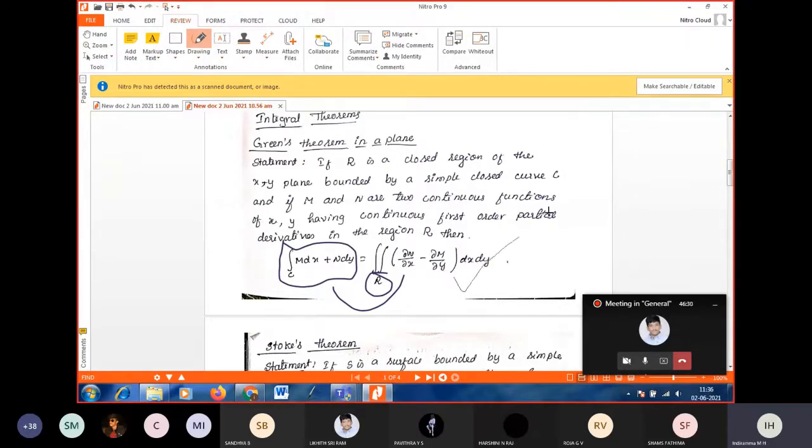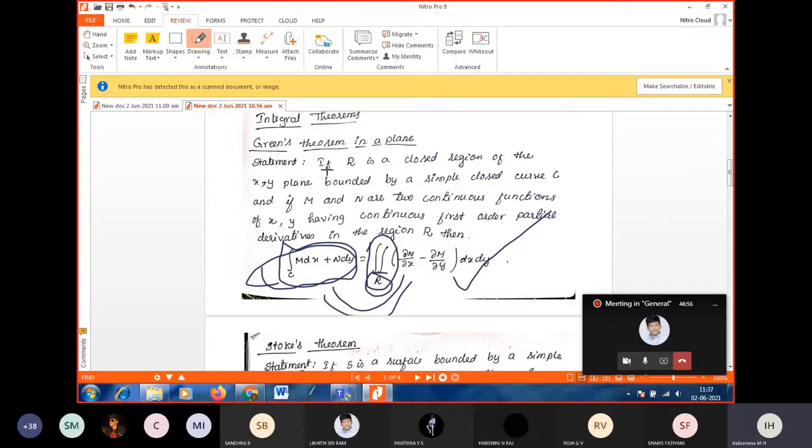Then you can easily evaluate it. Sometimes it is difficult to evaluate the given line integral, so you can convert it to the surface integral. The RHS is a surface integral. Convert the line integral to the surface integral, then find it.